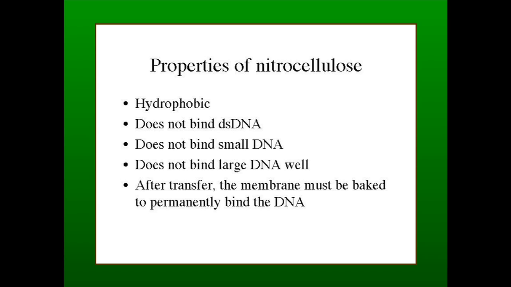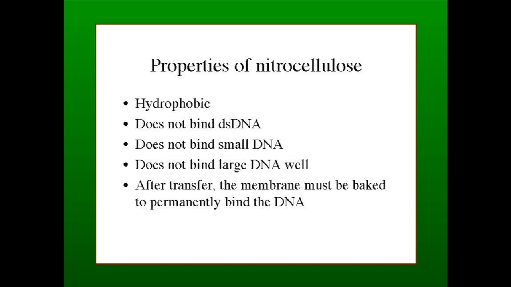The Southern blot uses a medium called nitrocellulose, which is a membrane to which we can bind DNA, RNA, and proteins to affix them to this membrane and then use probes to analyze it. The membrane has these properties where it's hydrophobic, that means it repels water.